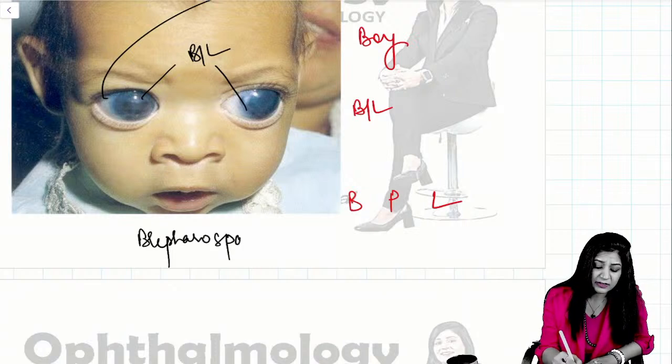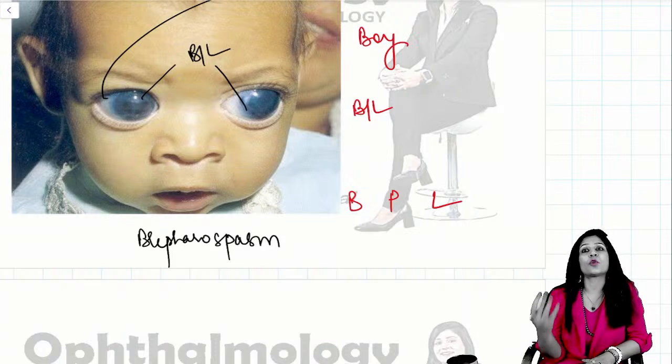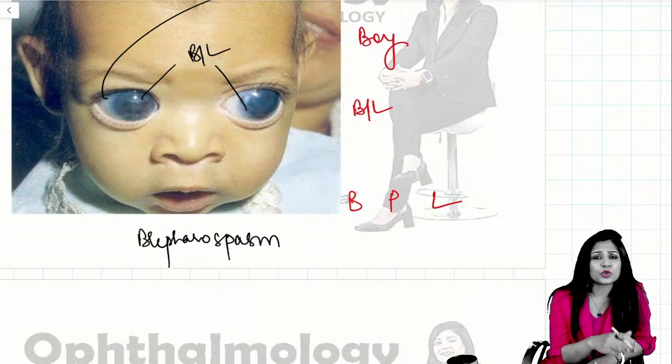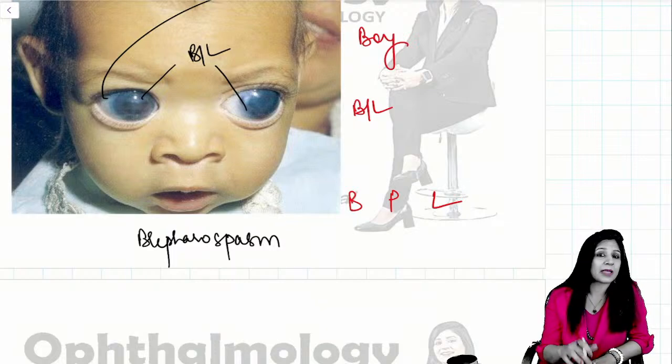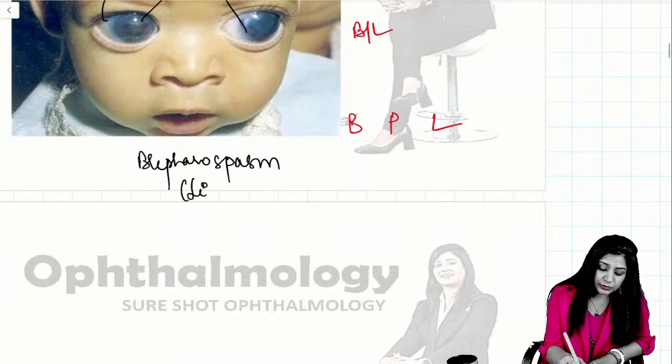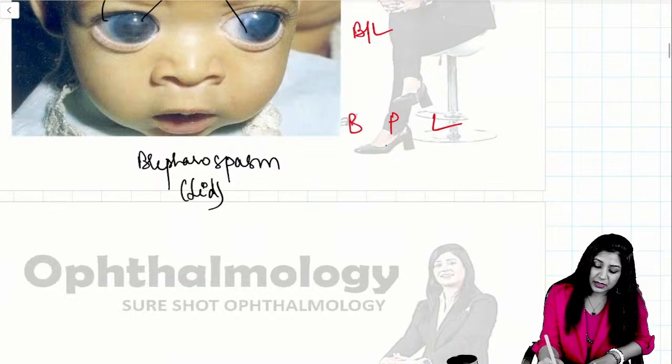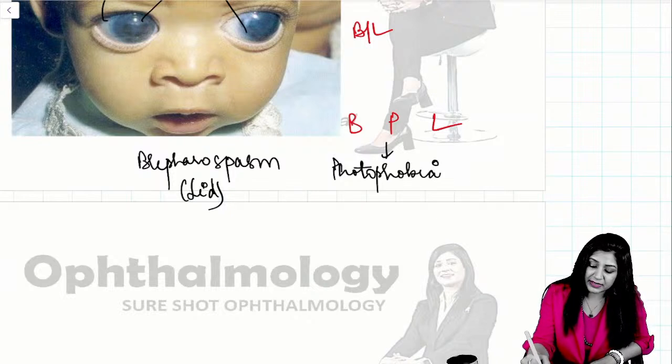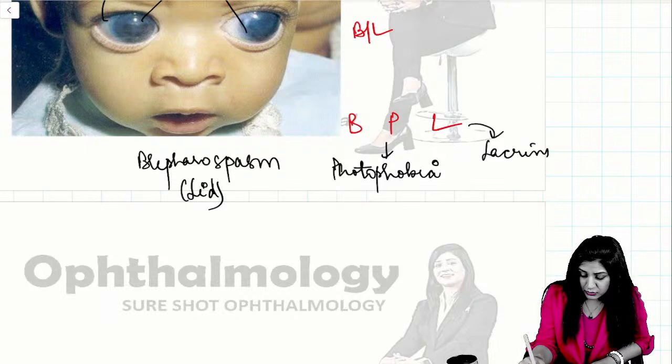So this is again very, very important, and time and again we have got questions related to photophobia, lacrimation, lid spasm. Like blepharospasm is the lid spasm. P for photophobia, we are having the photophobia, and then L for lacrimation. We are also having the lacrimation here, right?